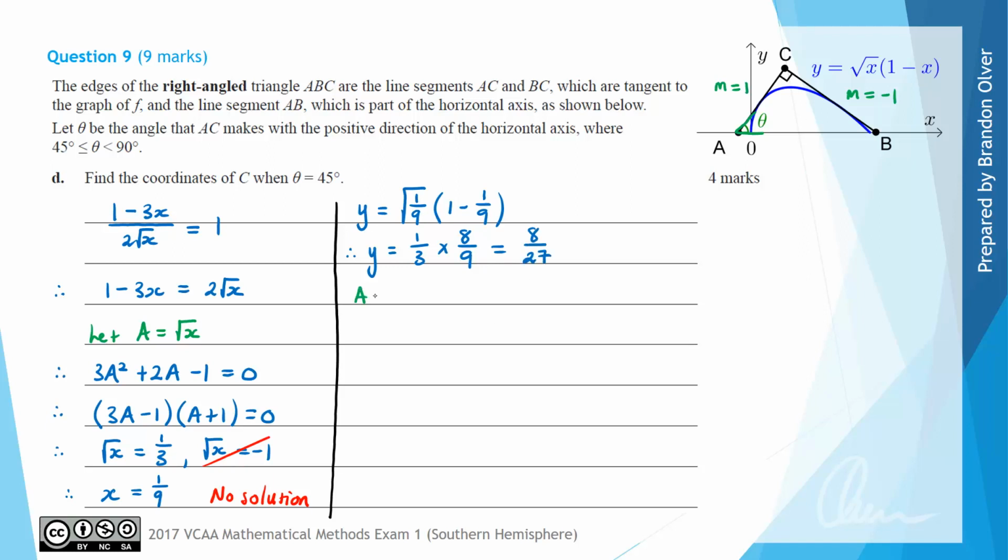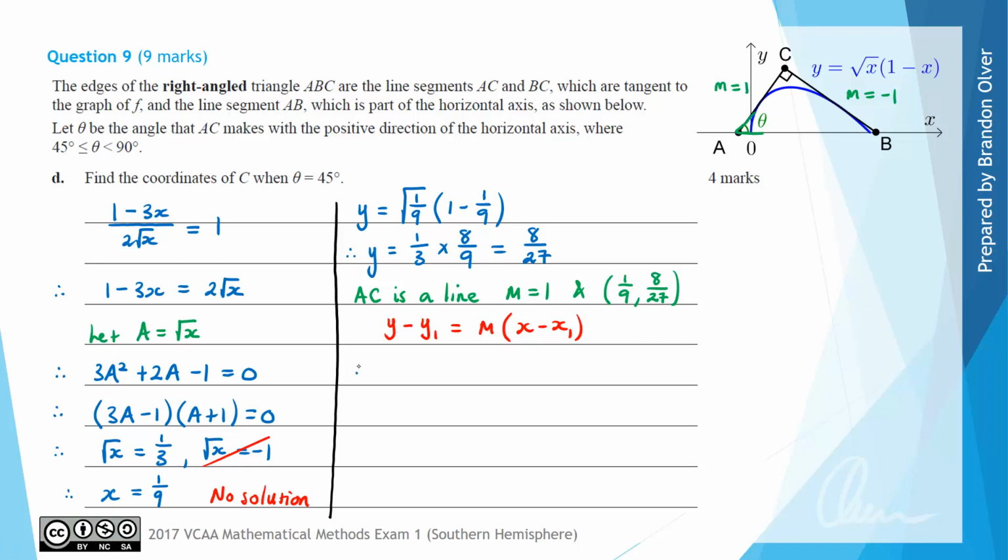So therefore AC is a line with a gradient equaling +1 and passing through the point 1/9, 8/27. So just as we did with part C of this question, we're going to use y take y1 equals m times x subtract x1 to find the equation of the line AC.